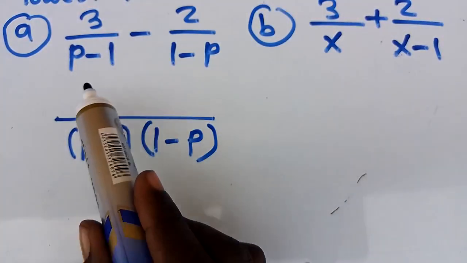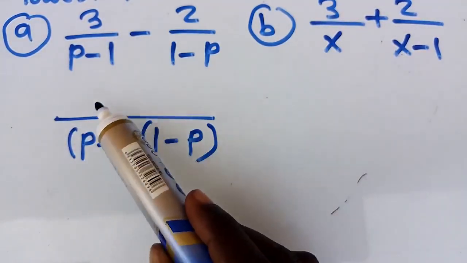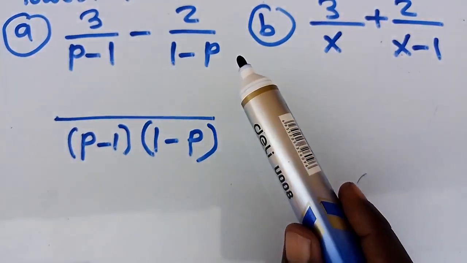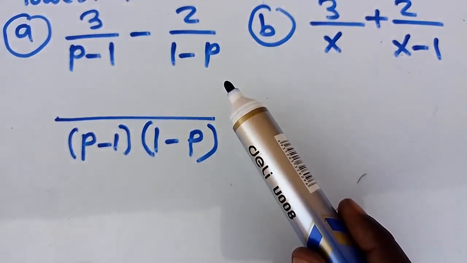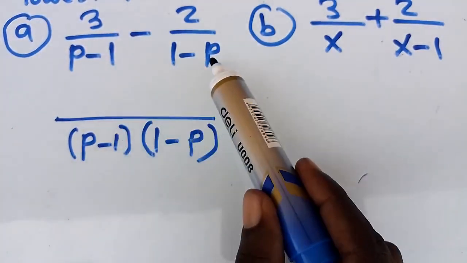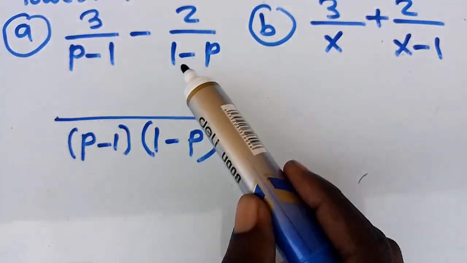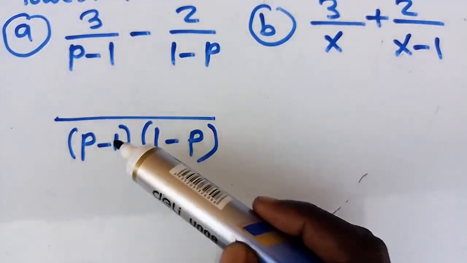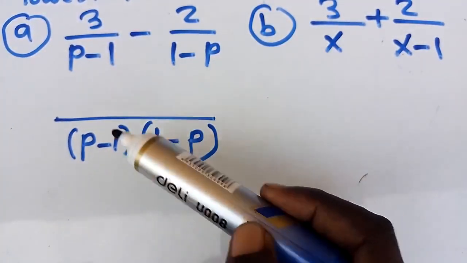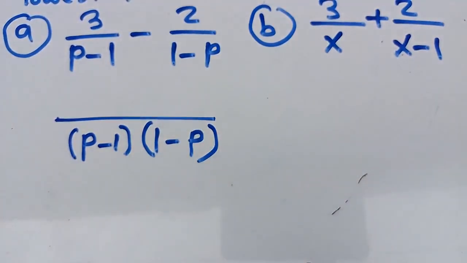You just drop what is down, because these have different numbers. It's very difficult to find one denominator where this one can go into. You just drop them the way they are, down here. This is how you need to do it.